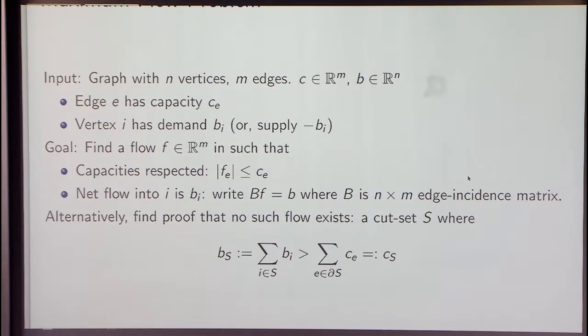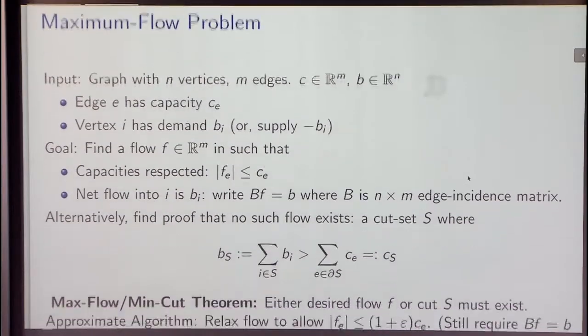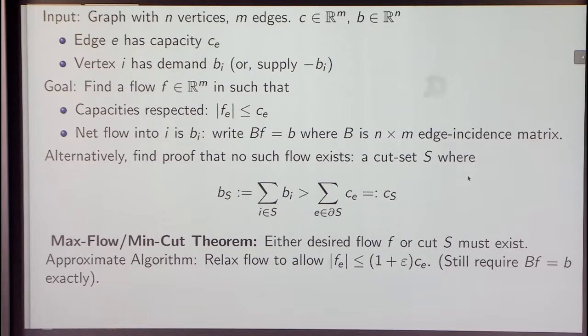We can't flow b(S) into S if the capacity is less than that. So given our input data, we want to either find the flow, or if it's impossible, we want to find such a cut. And the well-known max-flow min-cut theorem says that these two cases are exhaustive. So either such a flow exists or a cut must exist.